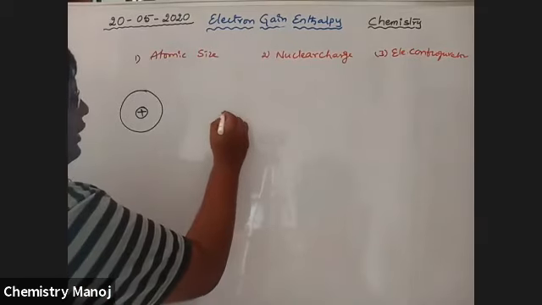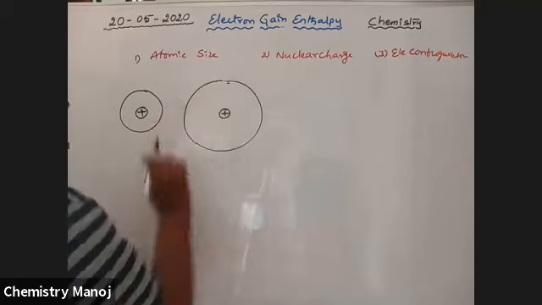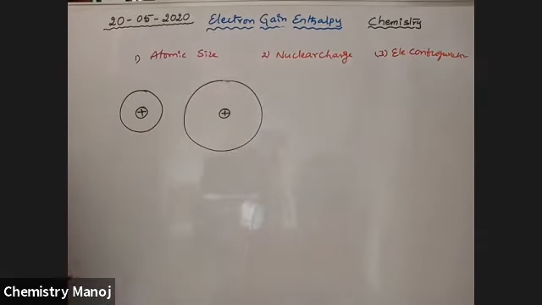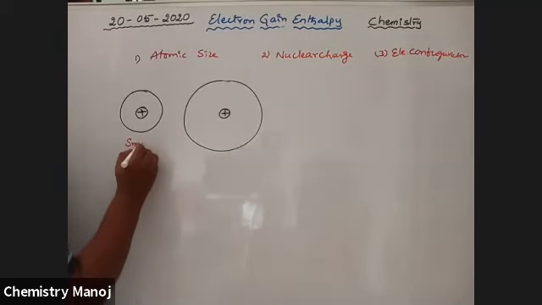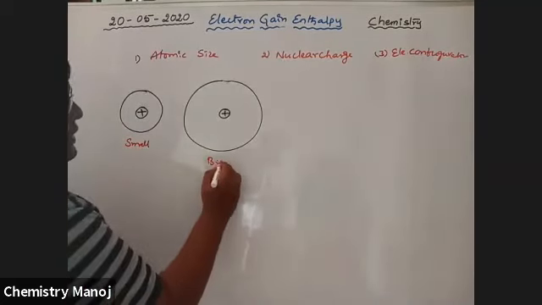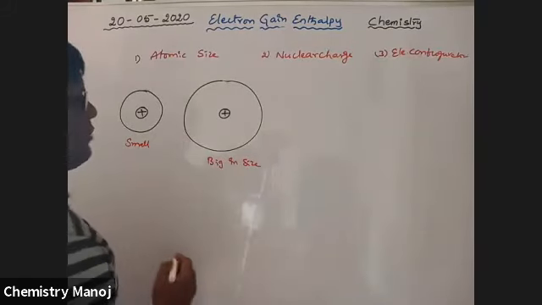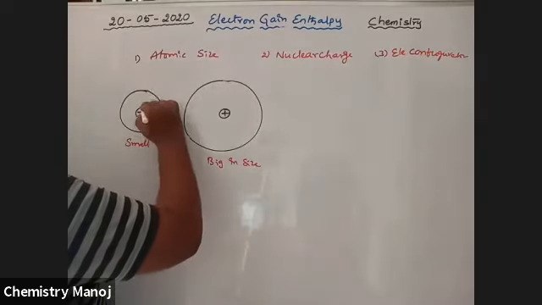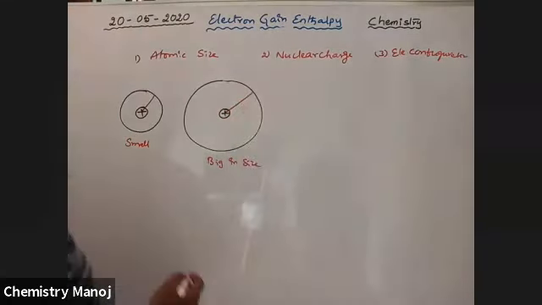There is another atom, with its own nucleus, and this is the size of that atom. Now I am going to add one electron to each. One is small in size, the other is big in size. This is the distance from the nucleus to the outermost orbit.